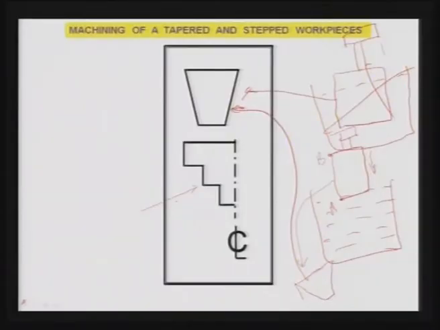Now, you can also machine a stepped workpiece like this. The principle remains the same. Again in the same way, you have an etchant bath and you take the workpiece like this again, and you have the control over here, and then you divide it, as you want 3 steps, into 3 areas.